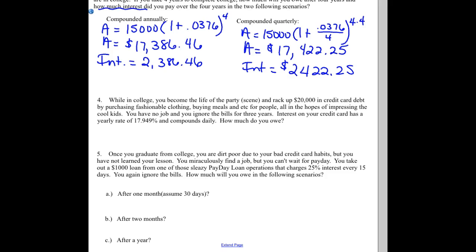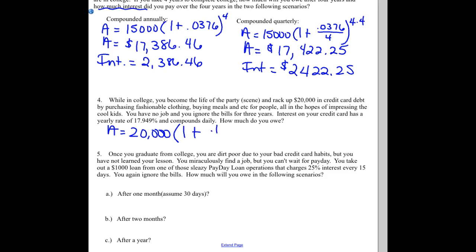We have $20,000 on our credit card. We are paying it back how long? 3 years later, we're going to look. We're ignoring our bill for 3 years. All right. So we have 1 plus what? What's 17.94% as a decimal?